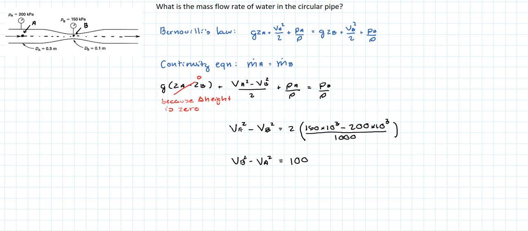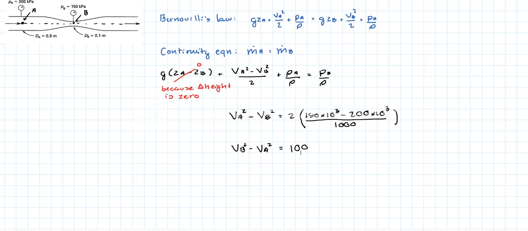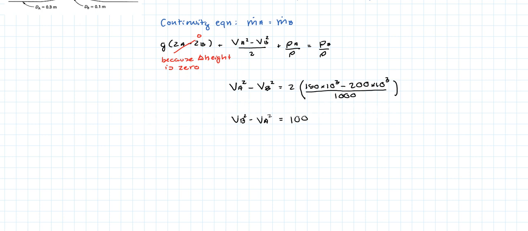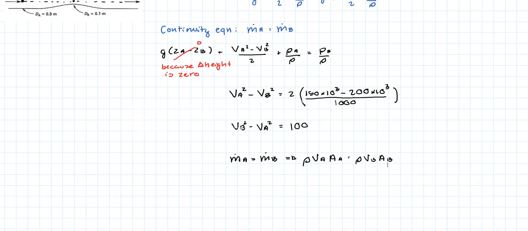The other thing we're going to do is take the continuity equation and rewrite it in terms of density, velocity, and cross-sectional area. That's just density times velocity times area at A equals density, velocity at B, area at B. And so the density terms cancel out.